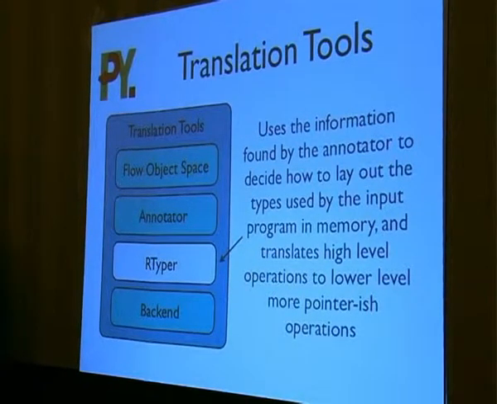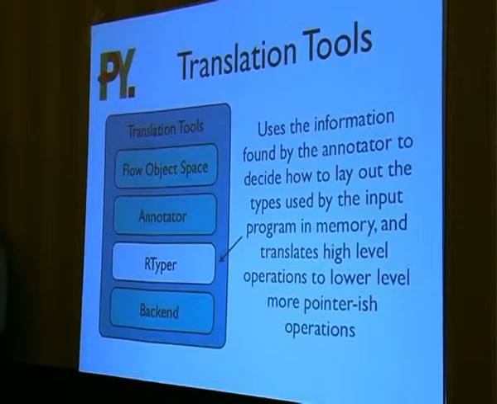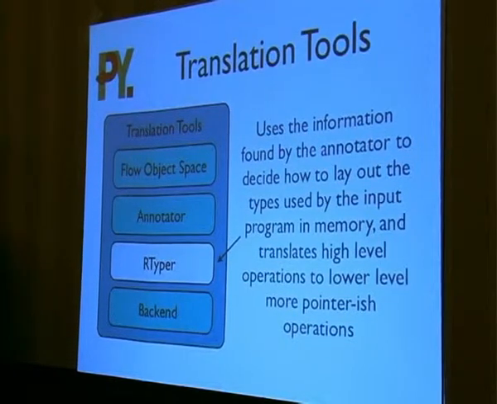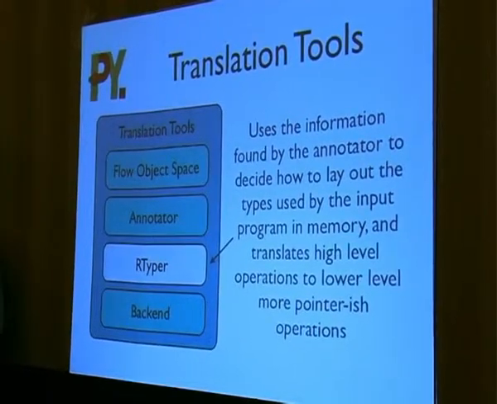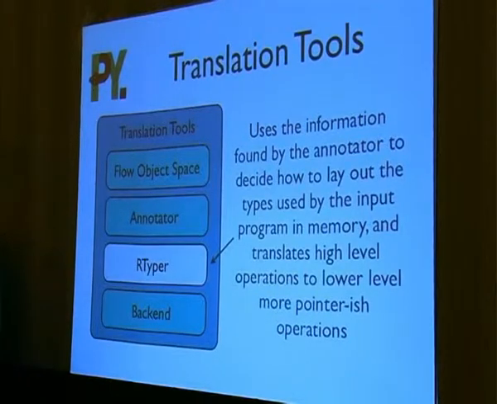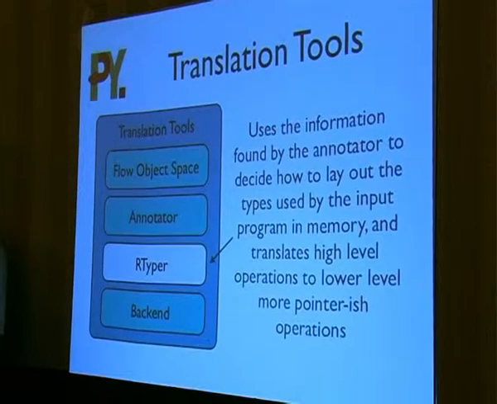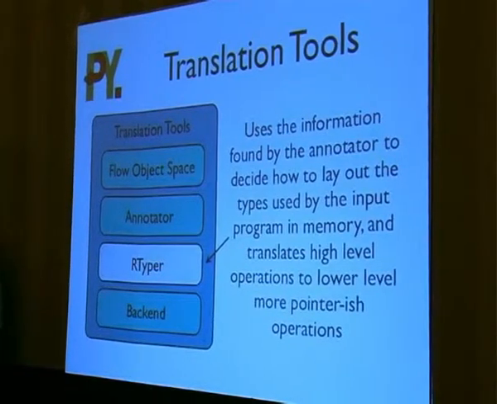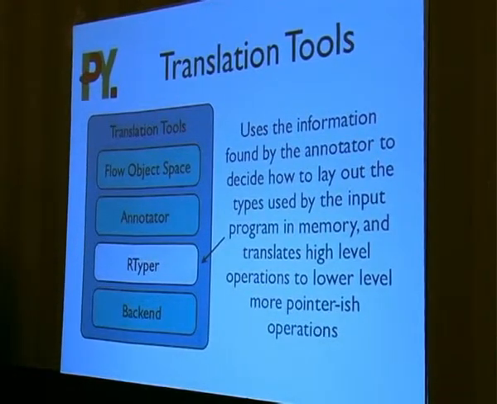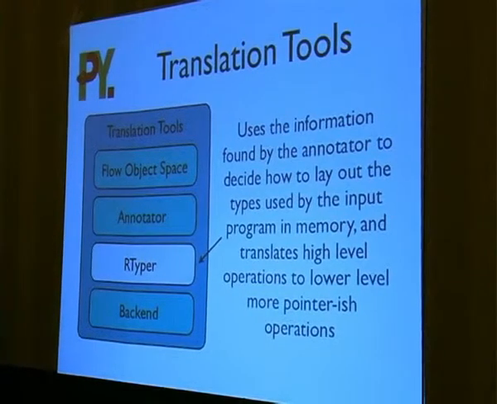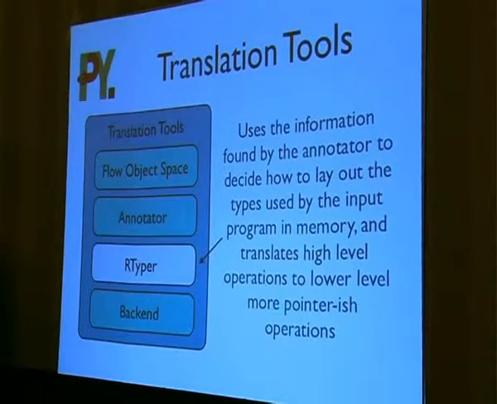The R-typer uses the information the annotator has found to decide how the operations that the program performs will actually be done. So it works out how the types should be laid out in memory, and it translates high-level operations such as get attribute into low-level pointer-ish operations like get field, which just takes a pointer, but takes a field out of a struct.